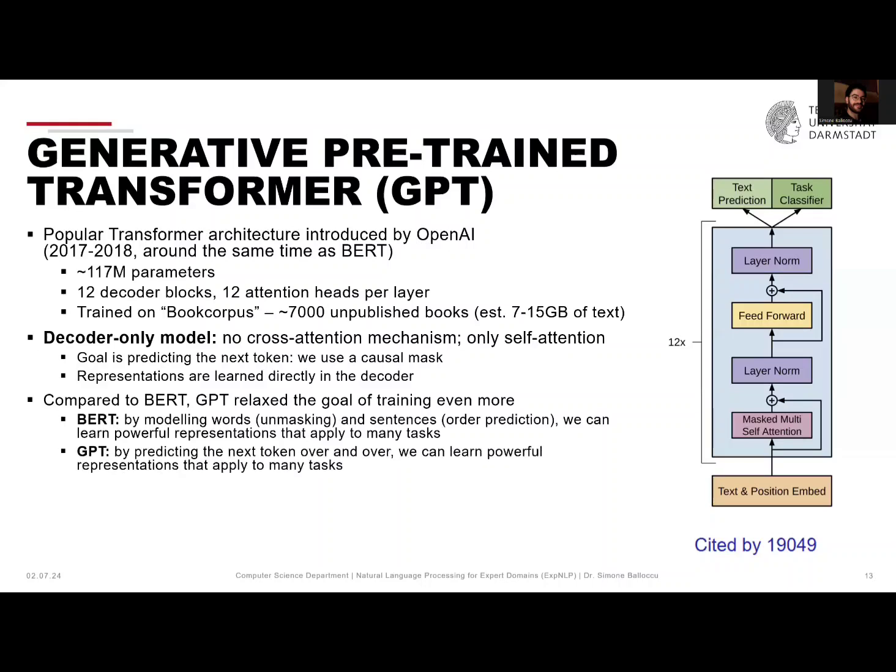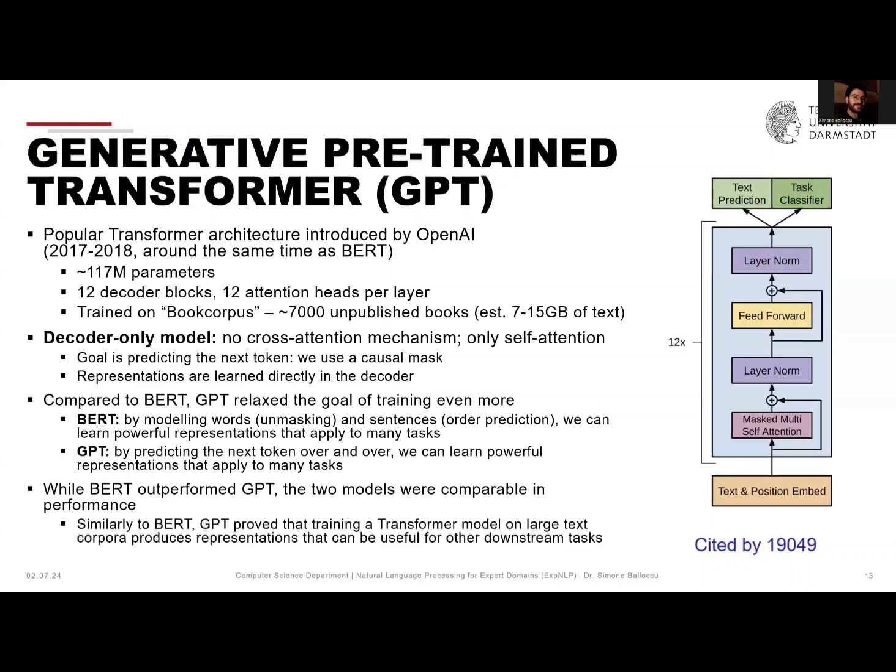GPT goes even further in relaxing and says, I can just predict the next token over and over, and I can learn a powerful representation that can apply to many tasks. It actually worked, because while BERT was more powerful, the difference was very small, like a couple of percentage points. Similar to BERT, GPT proved that we can train a transformer model on a large amount of text, and we can produce representations that can be useful for other downstream tasks.